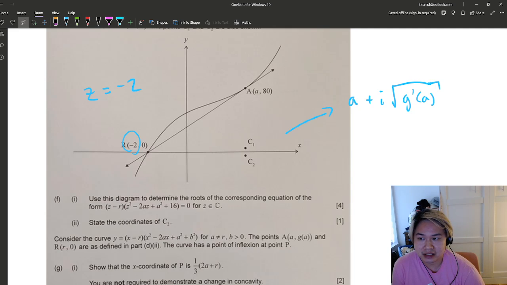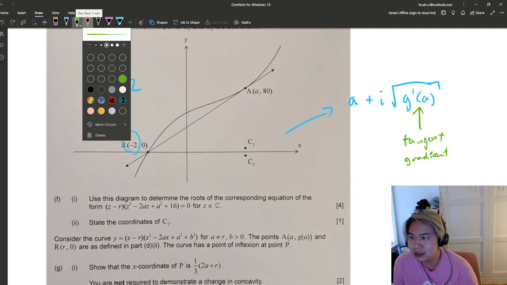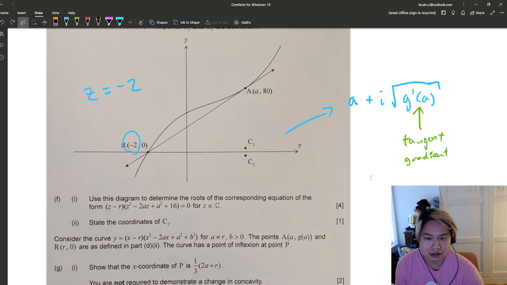And then this is the tangent. This is just the tangent gradient, which we don't need calculus to do because we have the straight line, and we know that this has a vertical, well, delta y. Let me change that to a brighter color so that you guys can see.